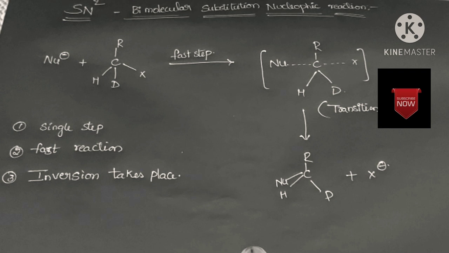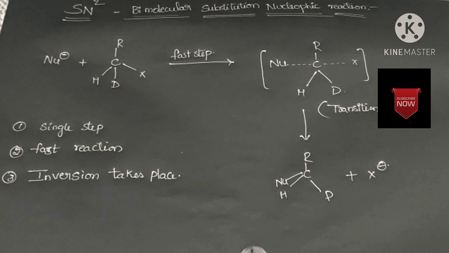So the formed product is like this. X minus is removed, and a strong nucleophile is attached from the back side of the compound. This is the SN2 reaction. In this SN2 reaction, a transition state is formed.